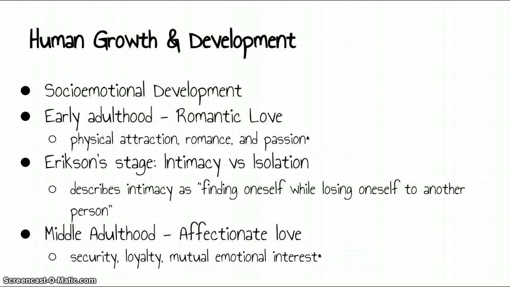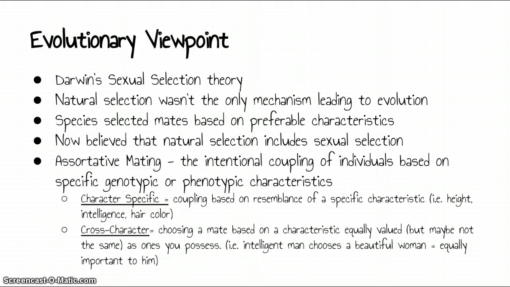In comparison to middle adulthood, where it's affectionate love, and this deals with security, loyalty, and mutual emotional interests. So if you compare that to early adulthood, they have different kinds of characteristics.